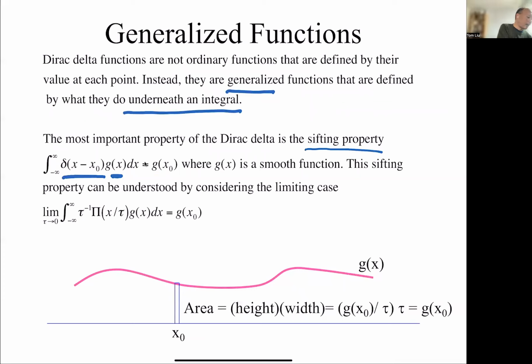Then, if I take the integral of that multiplication, the sifting property says that operation just lets me pick out the value of g at some coordinate x naught. So if I have a function g of x, a smoothly varying function, and then my Dirac delta is right here, that's delta of x minus x naught. If I multiply those two functions together and then integrate, I would get this value g of x naught. So that's going to be very useful for sampling.